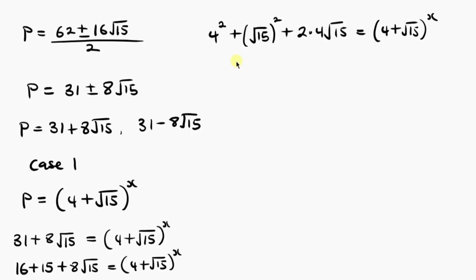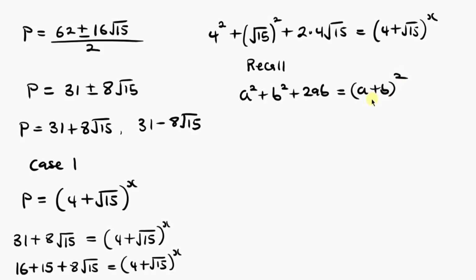Now look at something. I want to say something here, and I'm going to be recording it. This is a fundamental rule, a truth be told. That means something that is always true. If I have a squared plus b squared plus 2ab, this is the same as saying (a plus b) all squared.